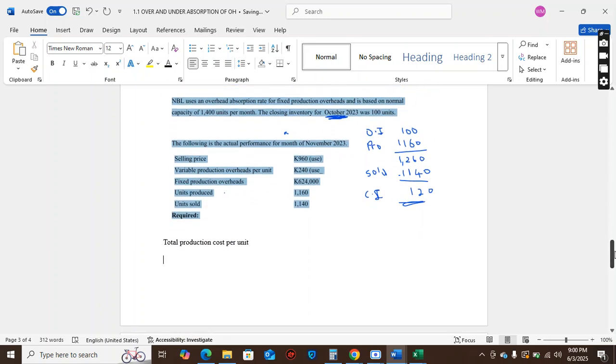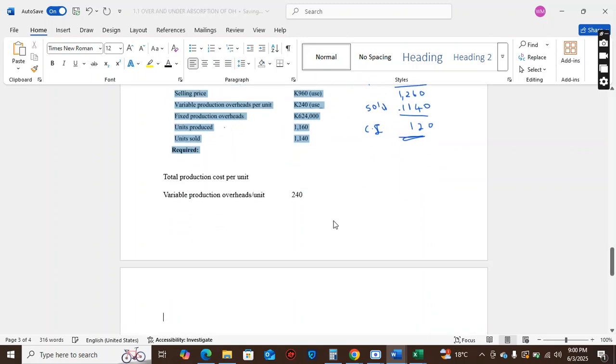So here our variable production overheads per unit are 240, because remember absorption costing includes both variable and fixed production costs in units.